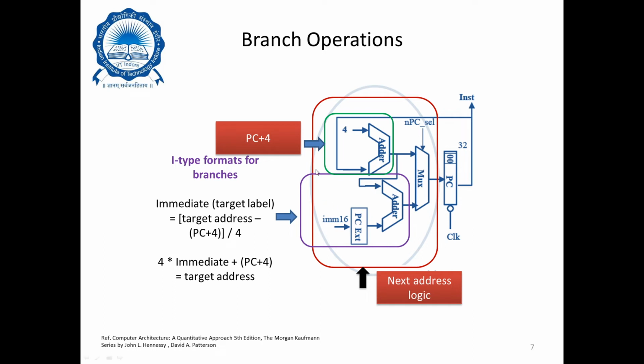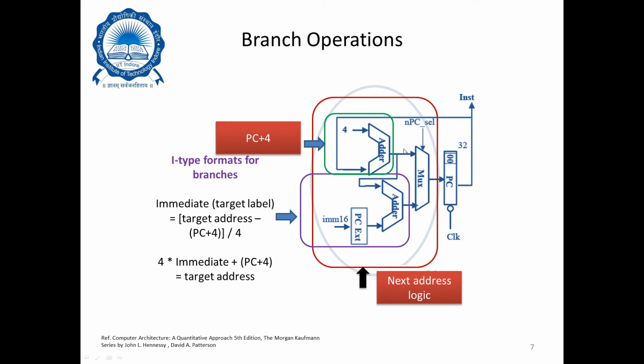Now going by this function that you see here, the next address logic, which is the block that you had seen in the second slide of the deck, is the block that is being expanded here internally. So how does it work? You have 4, because of 4 bytes, and you have the PC.